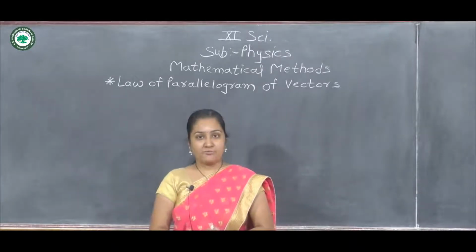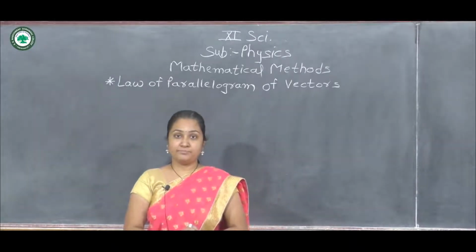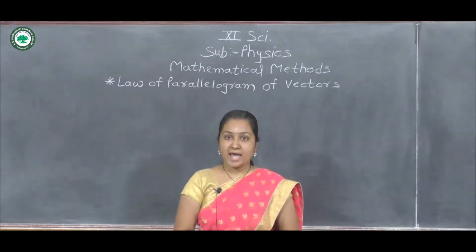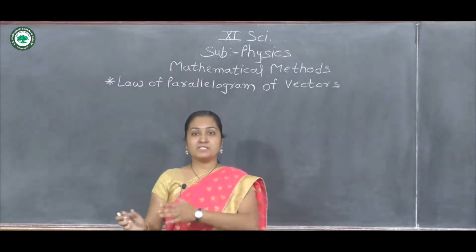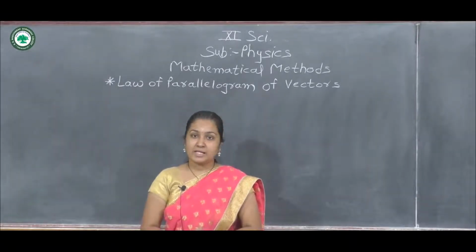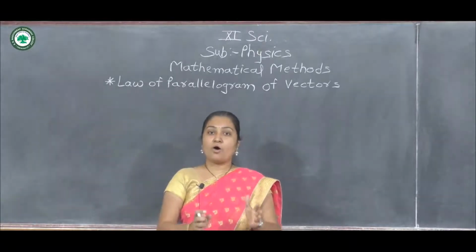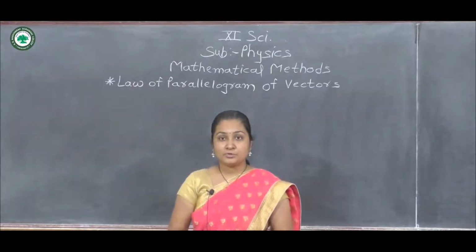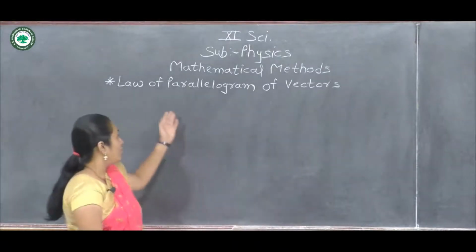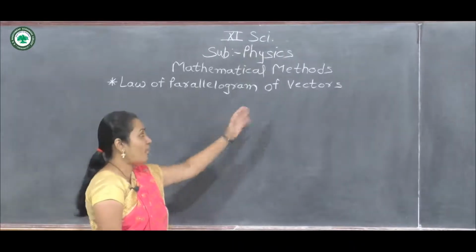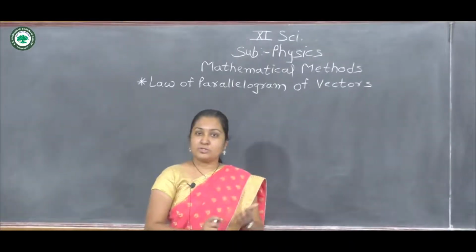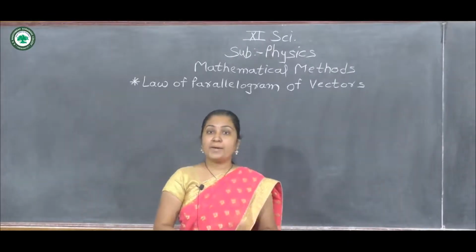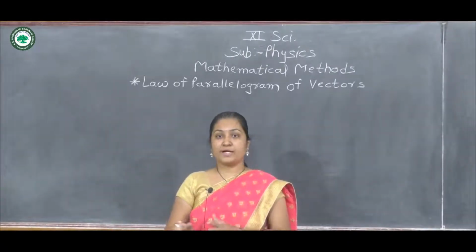Along with types of vectors, we have studied the different vector operations such as addition and subtraction of vectors, then the triangle law of vector addition, and today we are going to study the law of parallelogram of vectors. This law of parallelogram of vectors is the geometrical method of vector addition.